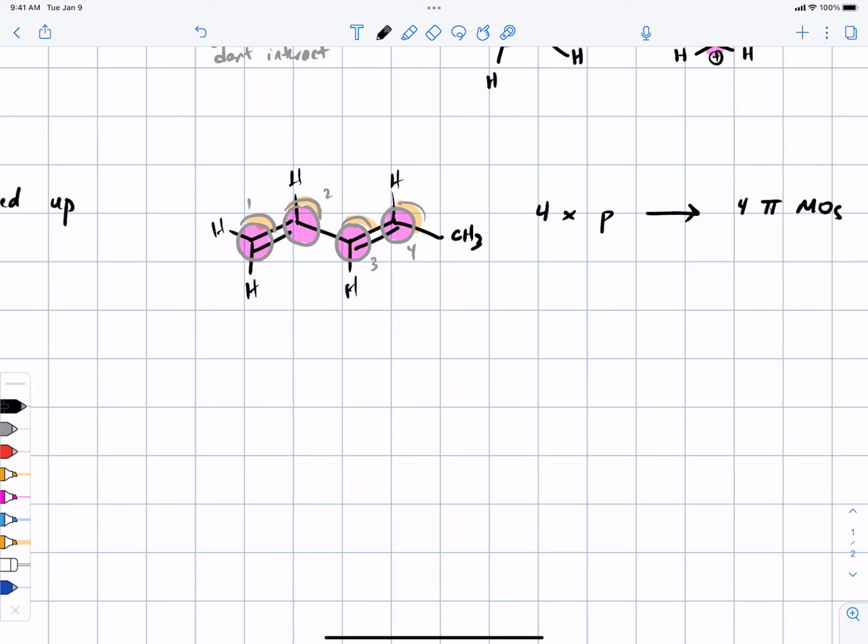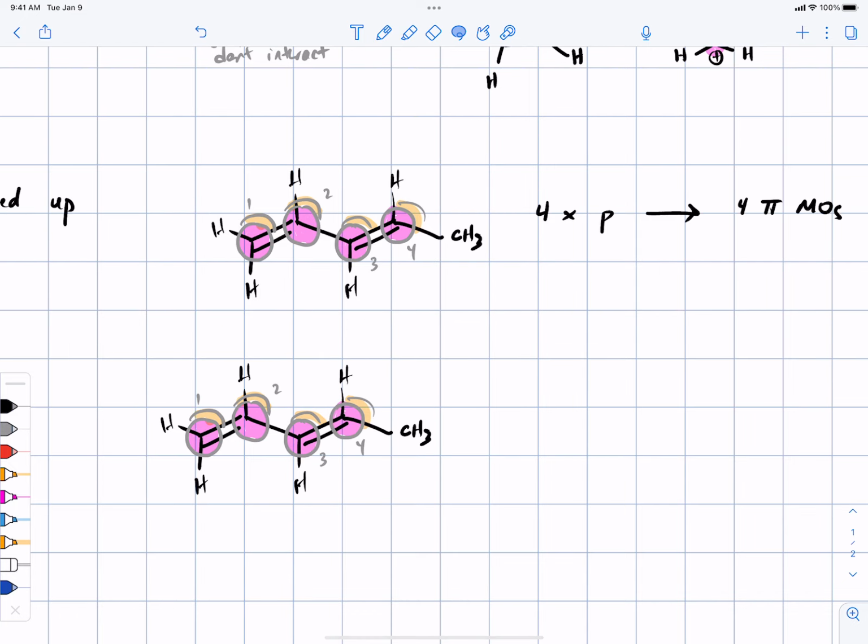Just as we've done before, where you mix 2 orbitals together to get a bonding combination and an anti-bonding combination, you can mix 3 or more orbitals together to get 3 or more pi-type molecular orbitals. This is one of them, though we could draw some of the other ones too.